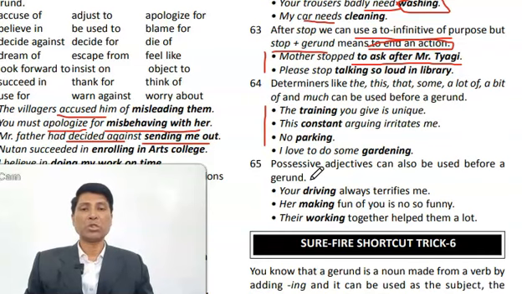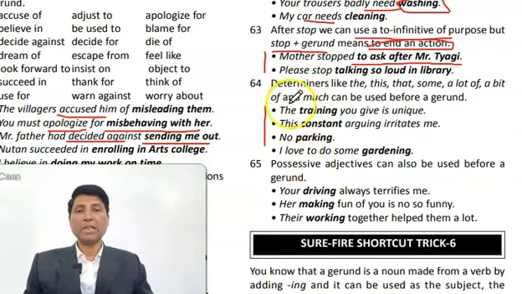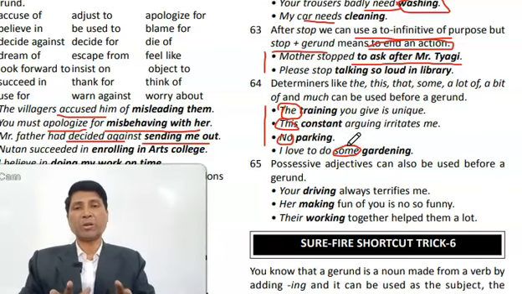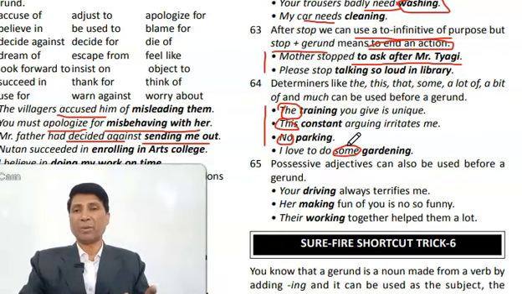I love to do some gardening. So in these examples you can see the determiners have been used: the, these, no, and some. Usually when we talk about gerund, we are talking about a verbal noun. So it is not like a normal countable or uncountable noun.